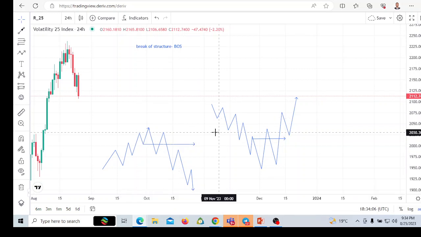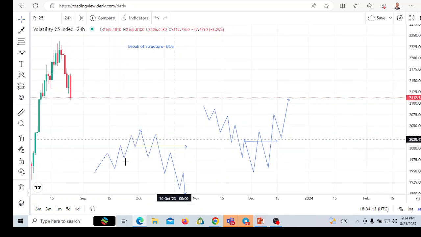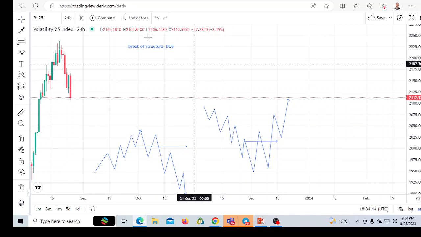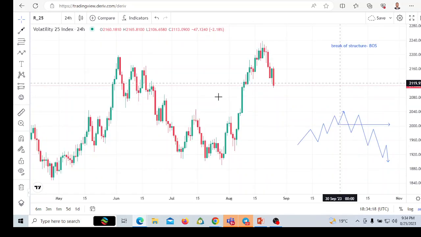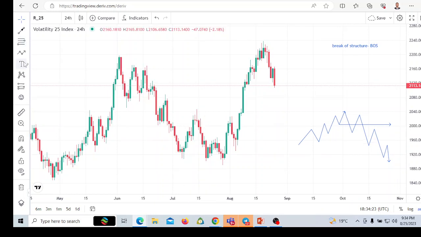In the same way, this is a break of structure in a buying market, and this is a break of structure in a selling market, a market where sellers are more. So an example here, we can just do the markup again. I don't get tired. Don't worry, these things will come with time. You'll just begin to see them.